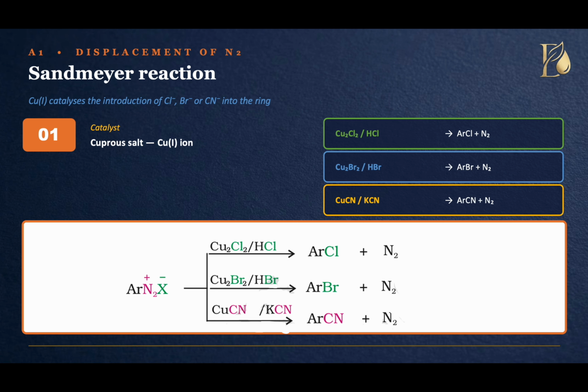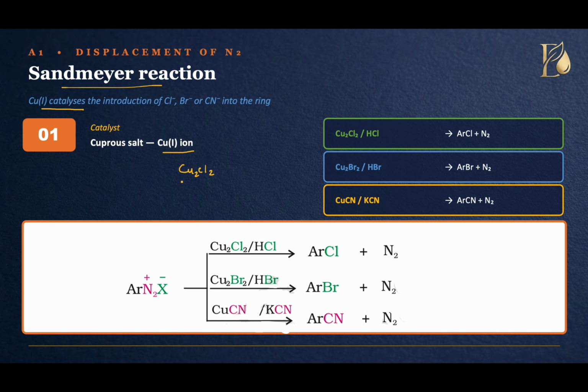Now let's begin with the displacement reactions, starting with Sandmeyer's reaction. This is a very important reaction where a cuprous salt acts as a catalyst to replace the diazonium group with another group such as chloride, bromide, cyanide. You can see here cuprous salt, copper one. For example, Cu2Cl2.